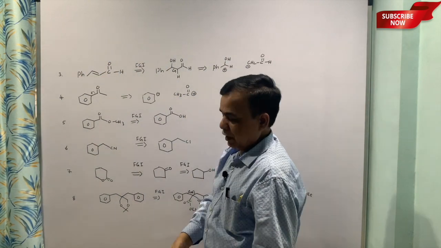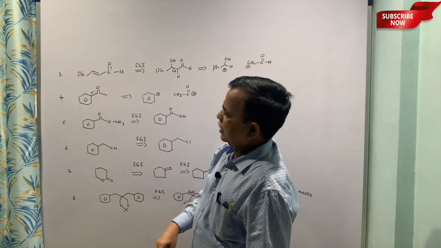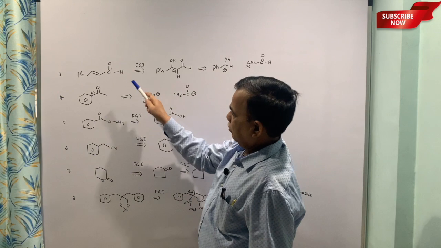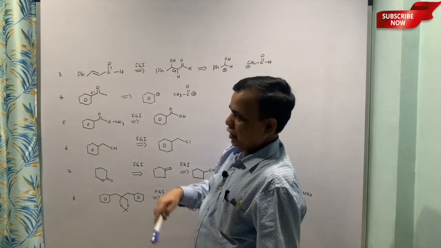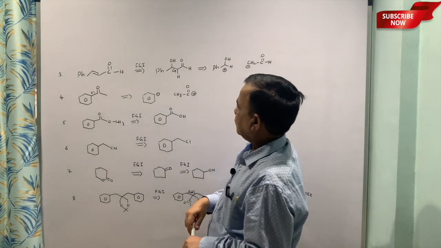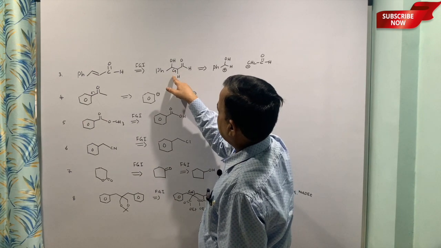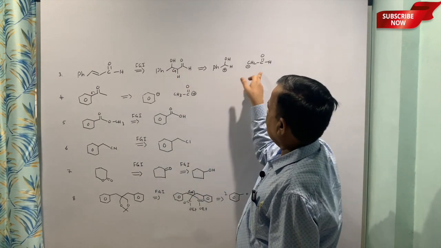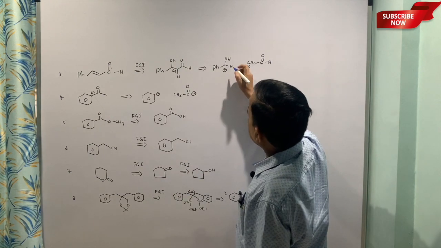Williamson's synthesis. The next one is this cinnamaldehyde, the target molecule. FGI, we are writing HOH in place of the double bond, and then we are breaking it down. So, this is the disconnection, we get two entities, two synthons, and now their synthetic equivalents.